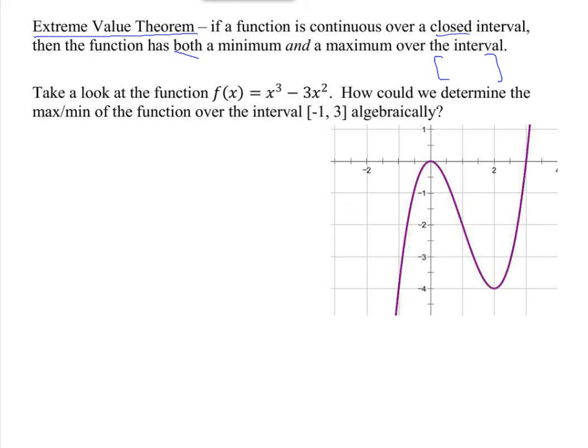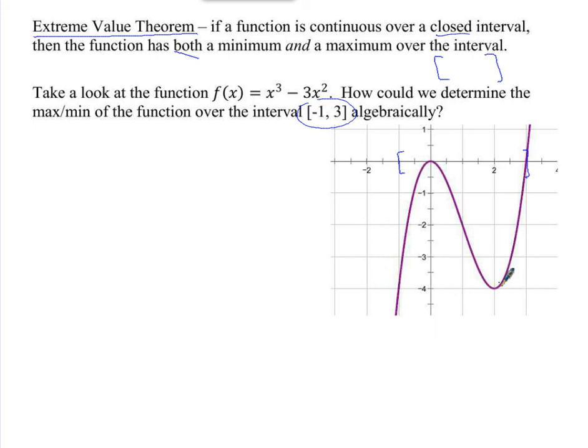Take a look at the graph. I'm giving you a closed interval from -1 to +3. Well, -1 is right here, and +3 is right there. Do we have a maximum and a minimum in this? Yeah, we do. So we have a maximum clearly right here. This would be a relative maximum.